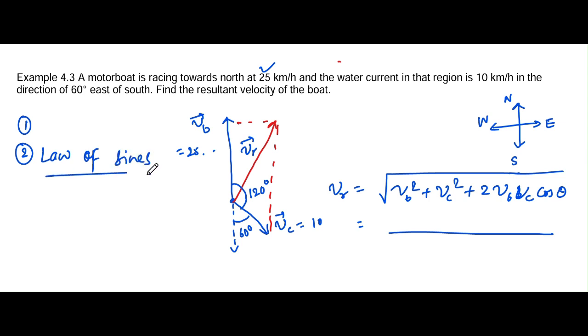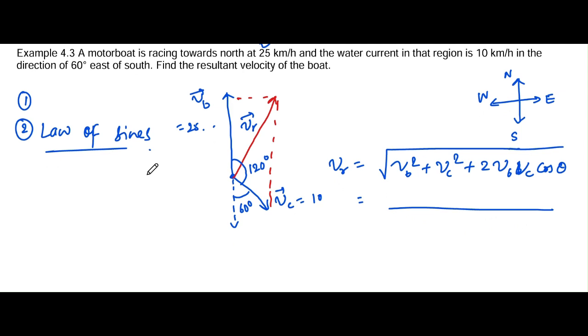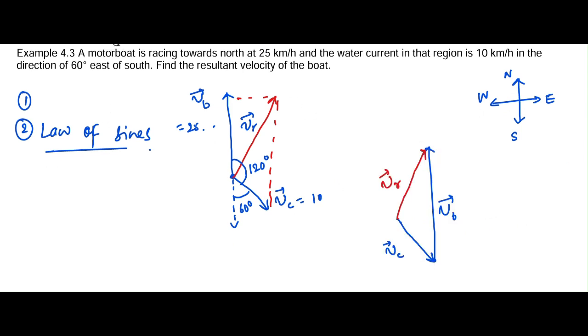So let me redraw this diagram so that it will be more clear. Here we have the velocity of the water current, here we have the velocity of the boat, and here we have the resultant velocity. So this angle theta is 120 degrees, and this will be 60 degrees, and let's say this angle is alpha and this angle is beta.